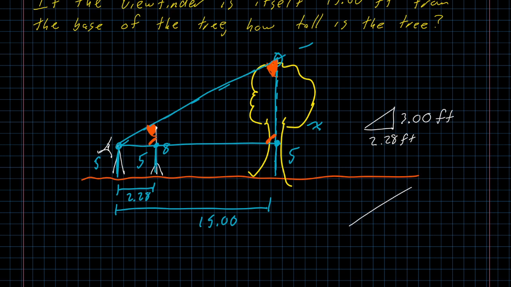Instead, I'm going to jump immediately to the larger triangle. I'm going to realize that this side down here is 15.00 feet. And this side over here, again, here's where things get a little bit interesting. The height of the tree is x, but my triangle starts 5 feet up.